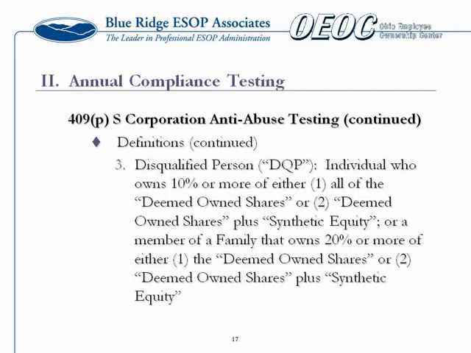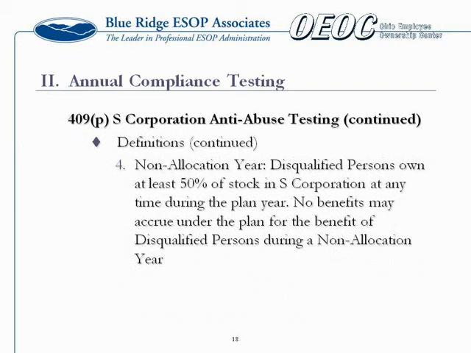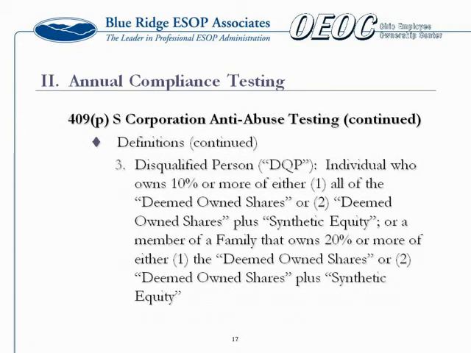We also look at a family, a group of family members, so that could be anyone that is related. We'll combine those together, and that would be 20% or more of either the deemed owned shares or the deemed owned shares plus synthetic equity.